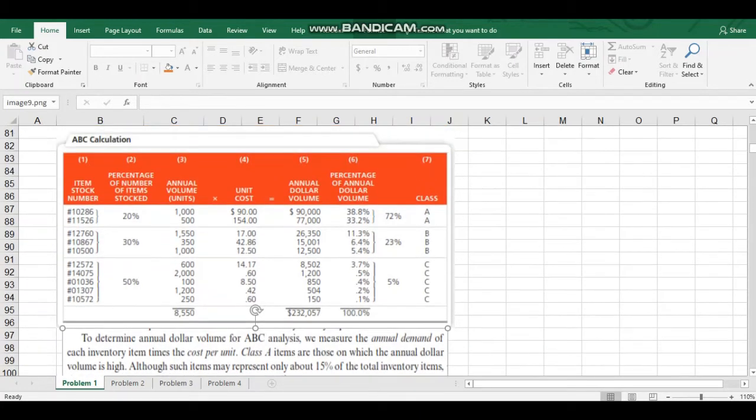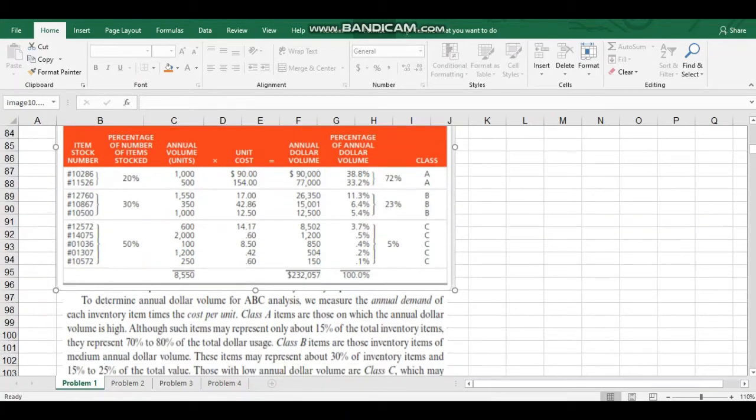And each item we multiply with the cost per unit, which is here the column number 4. And then class A items are those on which the annual dollar volume is high. So the value of the inventory in dollars which is high, they are classified as class A.